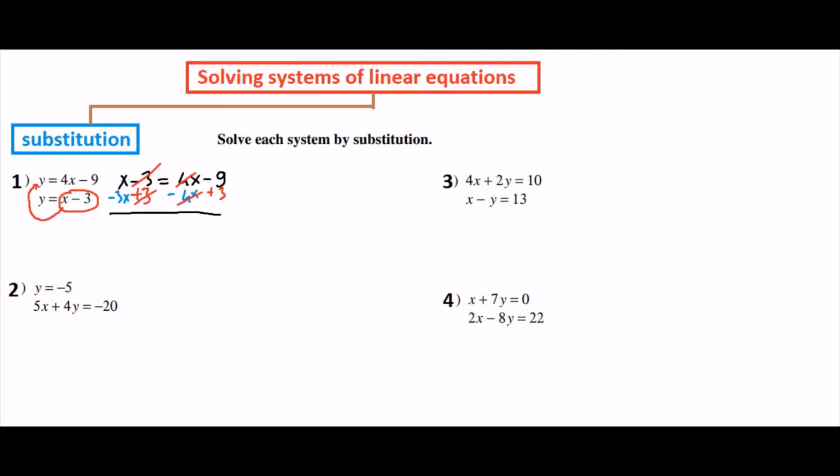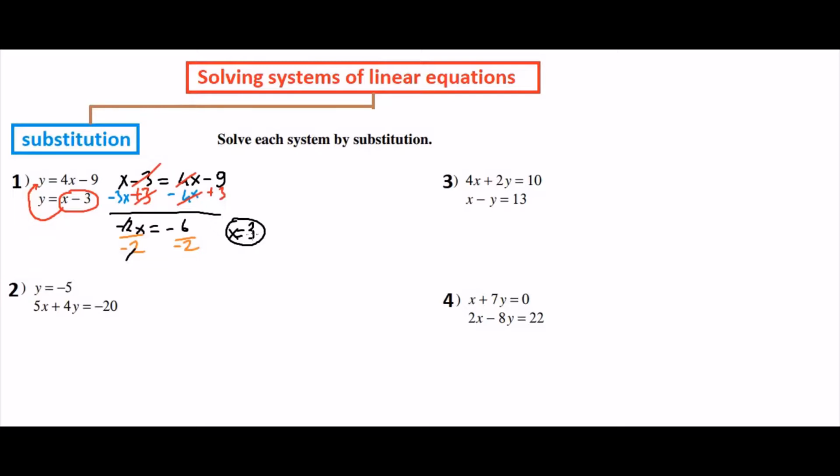Now we can combine: x plus negative 3x is negative 2x, and negative 9 plus positive 3 is negative 6. Since we are solving for x, we divide both sides by negative 2 because we need x alone. So x equals positive 3. Negative 6 divided by negative 2 is positive 3.